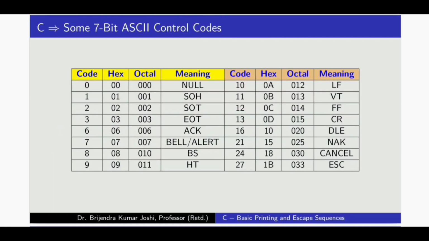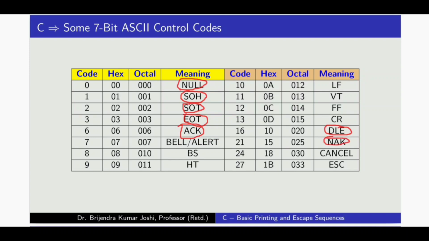Now there are some 7-bit ASCII control codes. All ASCII codes whose values are below 32 are referred to as ASCII control codes. For example, null, start of heading, start of text, end of text, acknowledgement, then data link escape, negative acknowledgement.